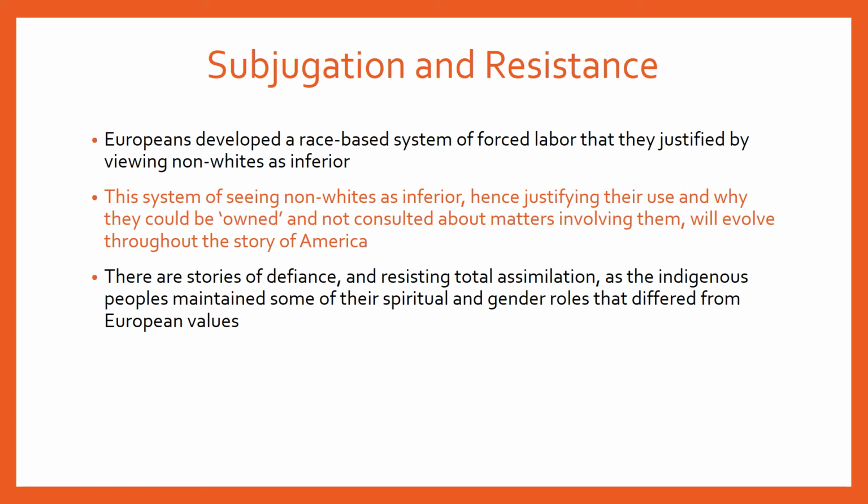We're going to talk about the Pueblos, who actually fought against the Spanish, and we're going to talk about some resistance in the northern part of North America as well. And then, of course, they were vastly at a disadvantage in this matter because of weaponry and so forth.